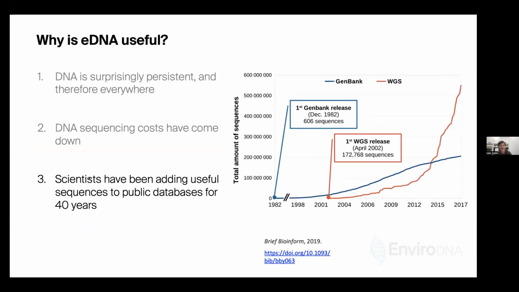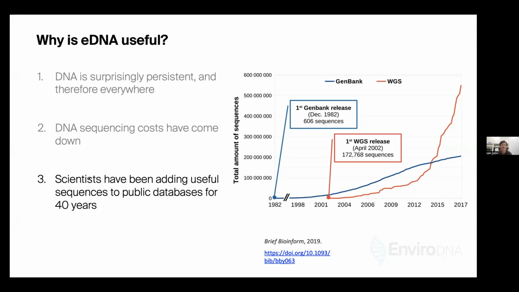And then thirdly, scientists have been putting labeled sequences in public databases for many decades. This is often the fairly tireless and careful work of taxonomists and field workers. And it's usually still necessary to assign labels to all this information. People want to know what the species are. It's not actually strictly necessary to assess condition.